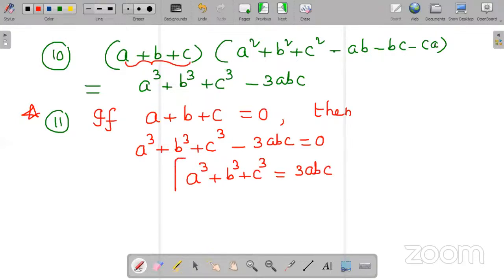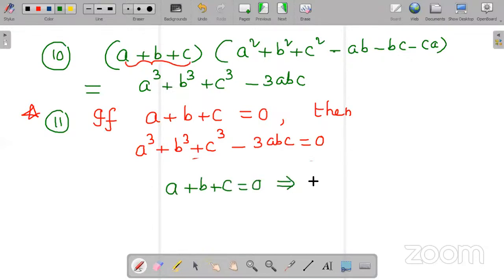This is a very, very important result, because one of the questions was asked based on this concept in the previous NMMS examination. So my dear students, please remember. I will write once again here. See, a plus b plus c is equal to 0.